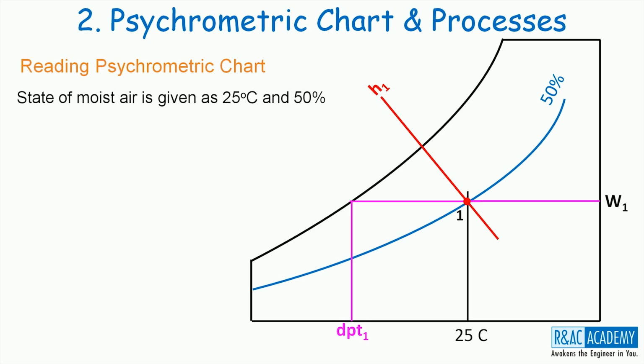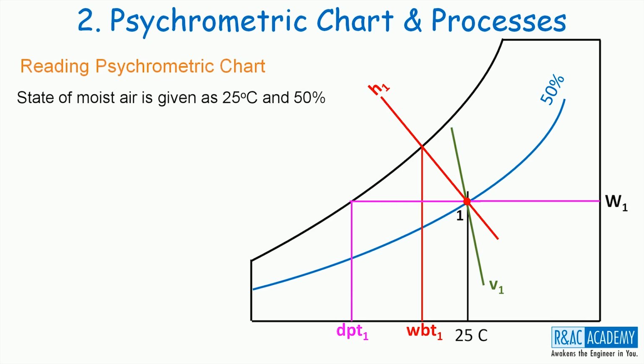From the constant enthalpy line, we can get the WBT corresponding to state point 1. The constant specific volume line that is passing through state point 1 gets us the specific volume of the moisture corresponding to state point 1.